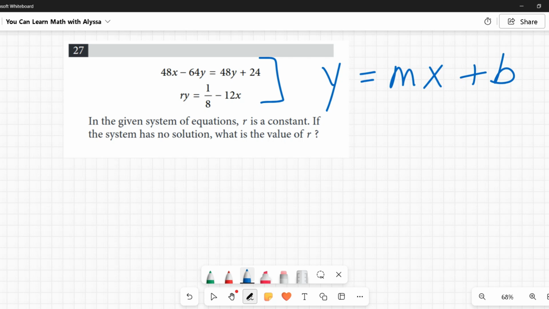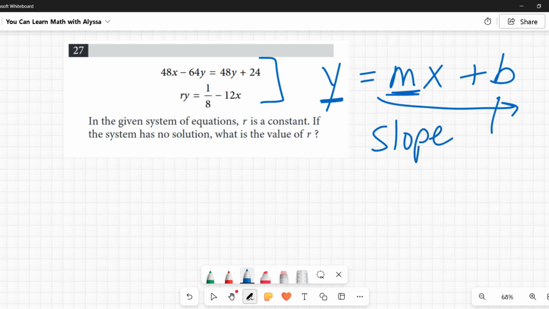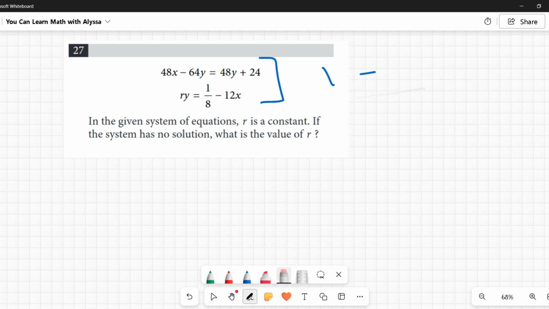When we have y by itself and everything else on the right, the m, the coefficient by the x, will be our slope, and the b will be our y-intercept, the number that's all by itself. So let's put both of these into y equals format, and we'll have our slopes.